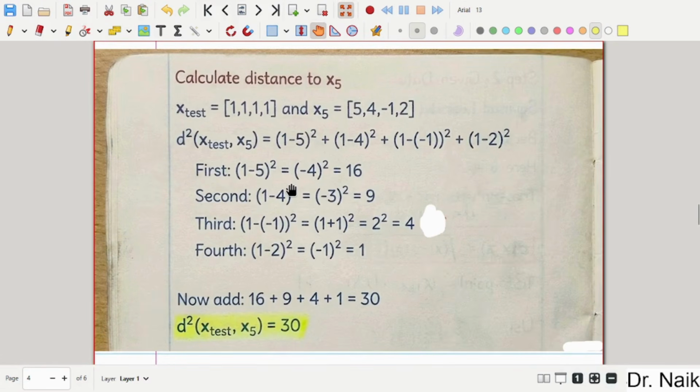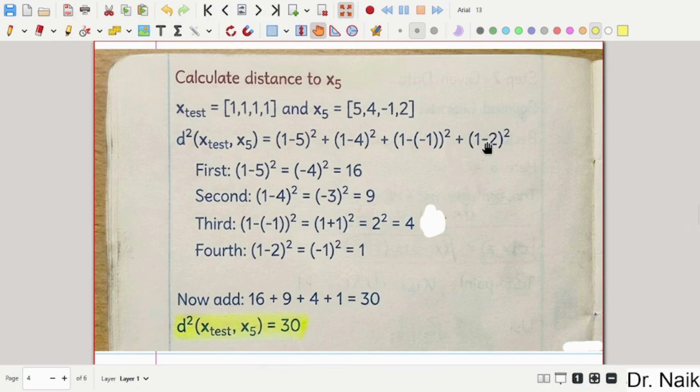Now calculate the distance between the test point and the feature vector x5. It is (1 minus 5) square plus (1 minus 4) square plus (1 minus minus 1) square plus (1 minus 2) square. 1 minus 5 is minus 4, and minus 4 square is 16. 1 minus 4 is minus 3, and minus 3 square is 9. 1 minus minus 1 is 1 plus 1, that is 2, and 2 square means 4.